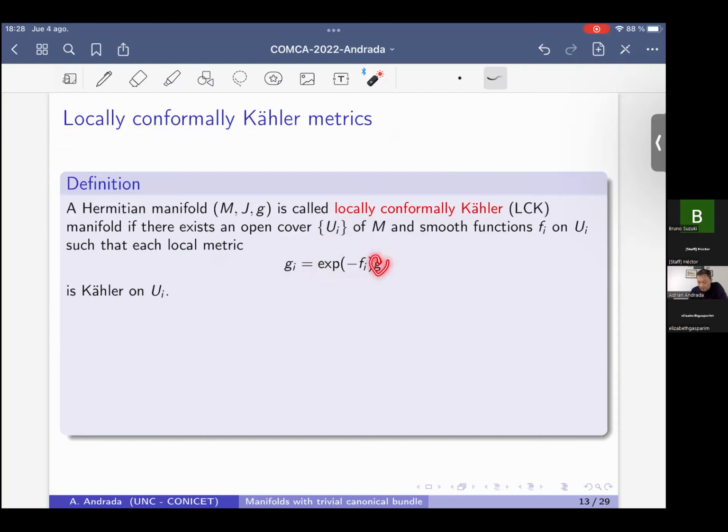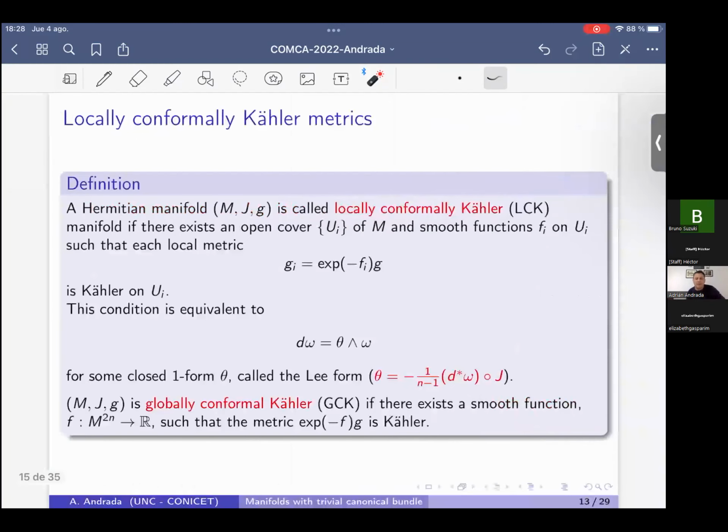So I multiply g by this function on this open set U_i, and this new metric is Kähler. This is exactly what the name locally conformally Kähler means: locally, you can make a conformal change of the metric so as to obtain a Kähler metric.